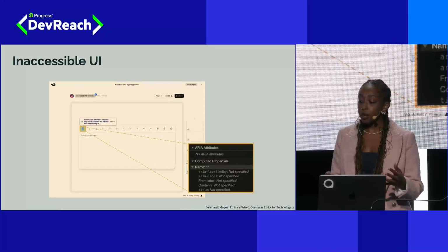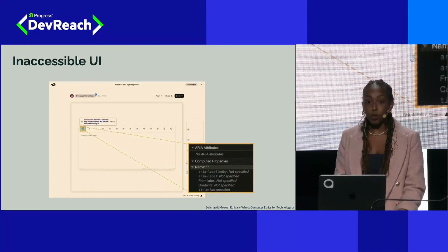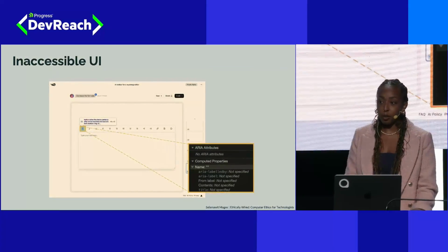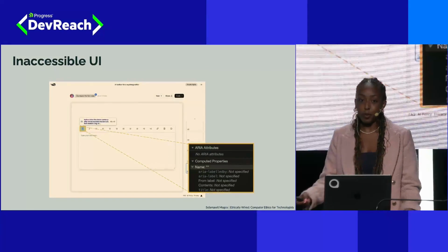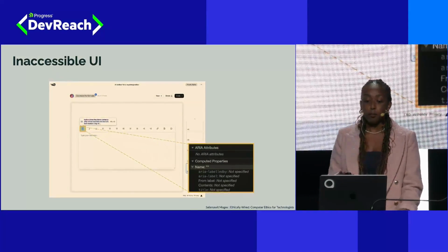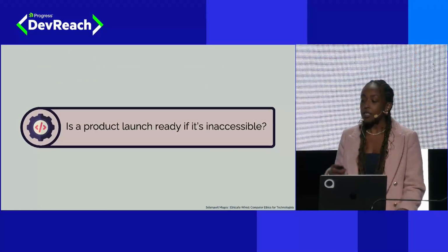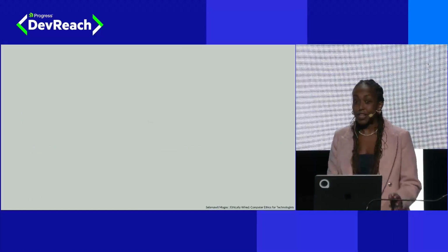So a software engineer took to Twitter to actually discuss how some of these features on the website are actually inaccessible. And this becomes especially a problem for a platform like v0.dev that helps other people build websites because we're then propagating the inaccessibility. But what ends up happening is this caused a conversation, and it begs the question, is a product launch ready if it's inaccessible? And the answer's here.